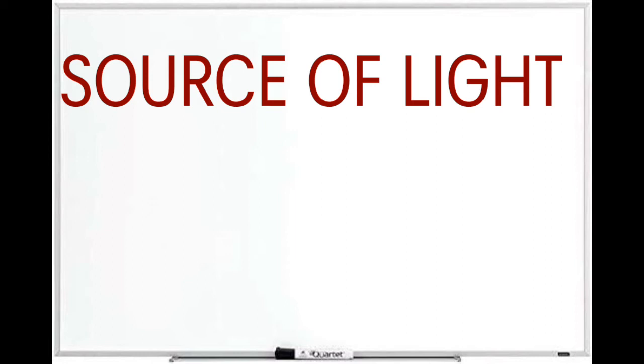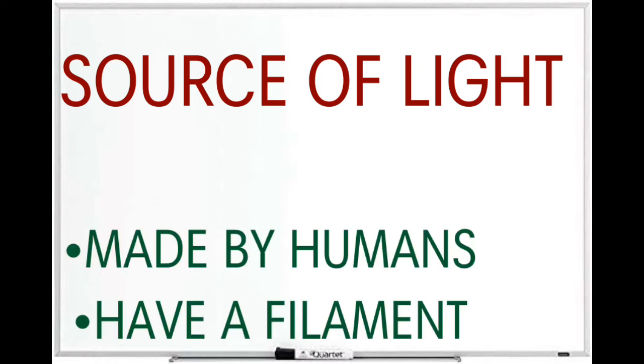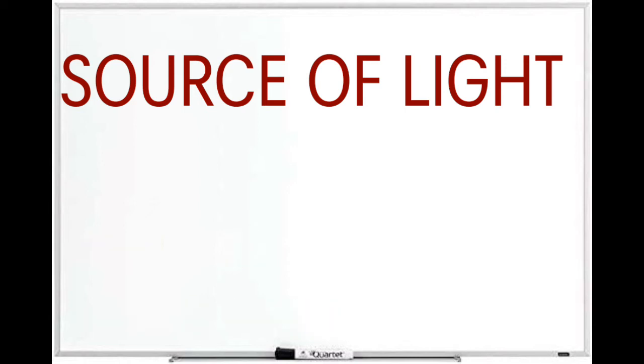In these cases, the filament, a non-luminous object, is heated to make it glow. So basically, man-made sources of light are first of all made by humans. In this, the filament in the light bulb is heated so that it can glow.